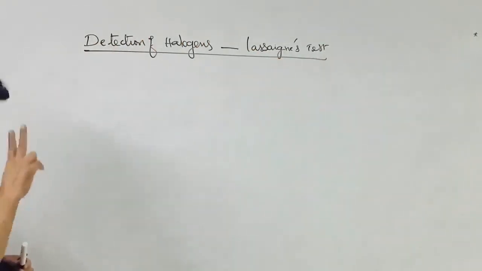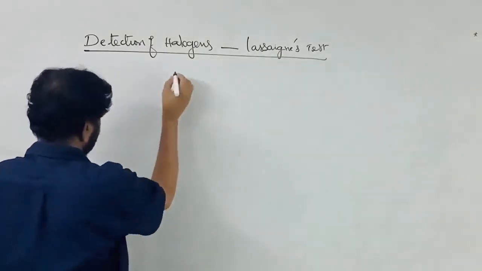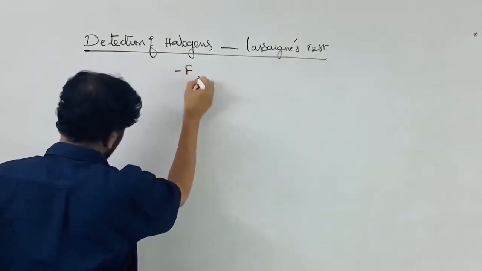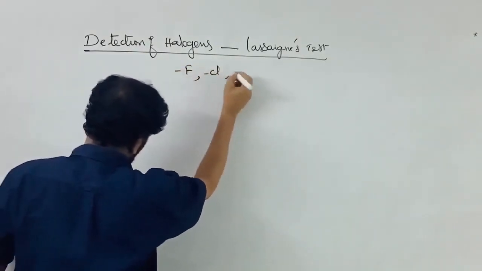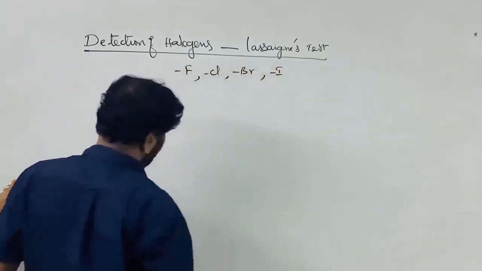There are two methods, but actually Lassaigne's test is used to detect this. It can be a fluoride, it can be a chloride, it can be a bromide, and iodine can be present in the given organic compound.